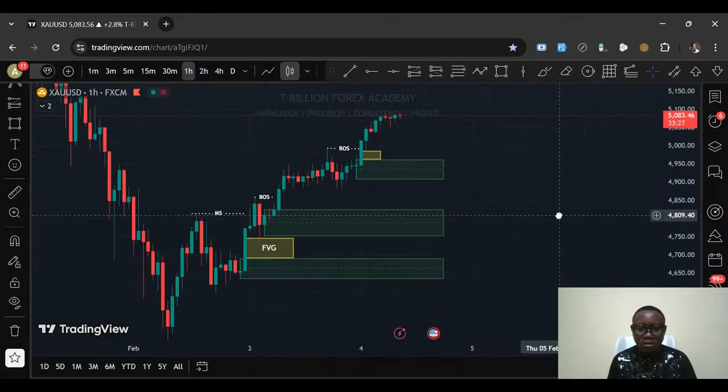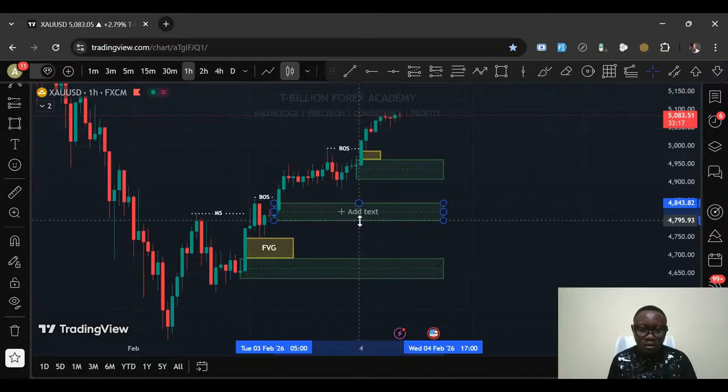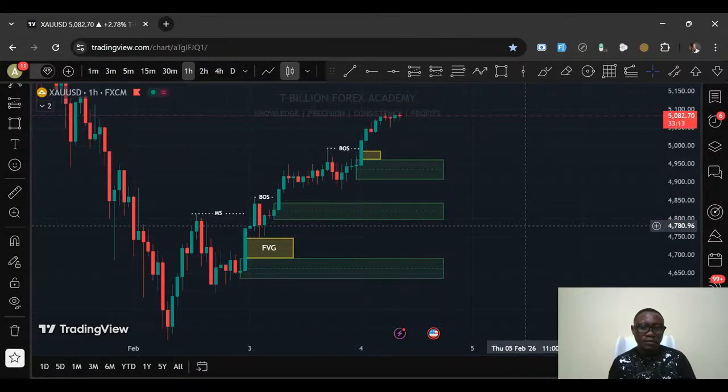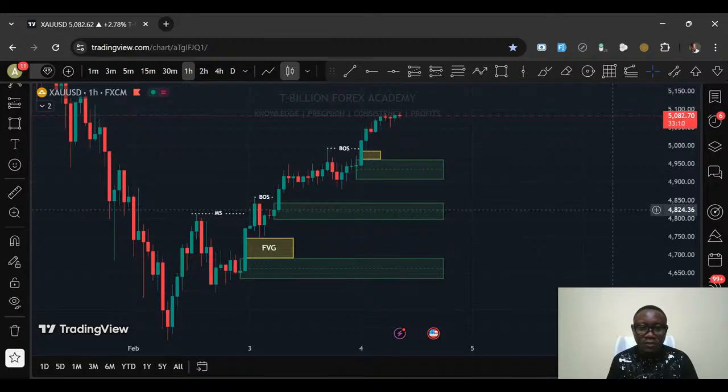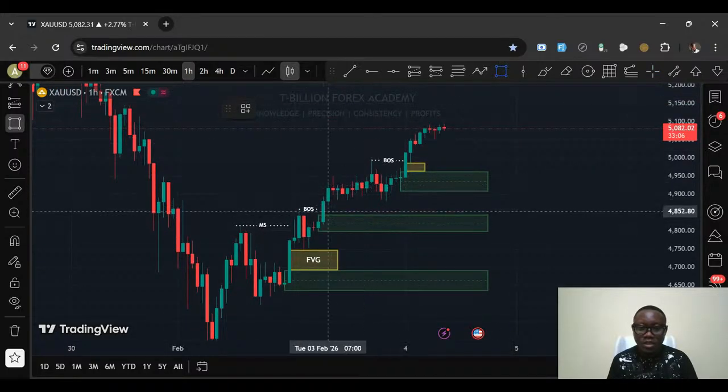All right, and for this zone, I'll refine it to this candle here, then take this all the way right here. So I have this, and my FVG is right here.